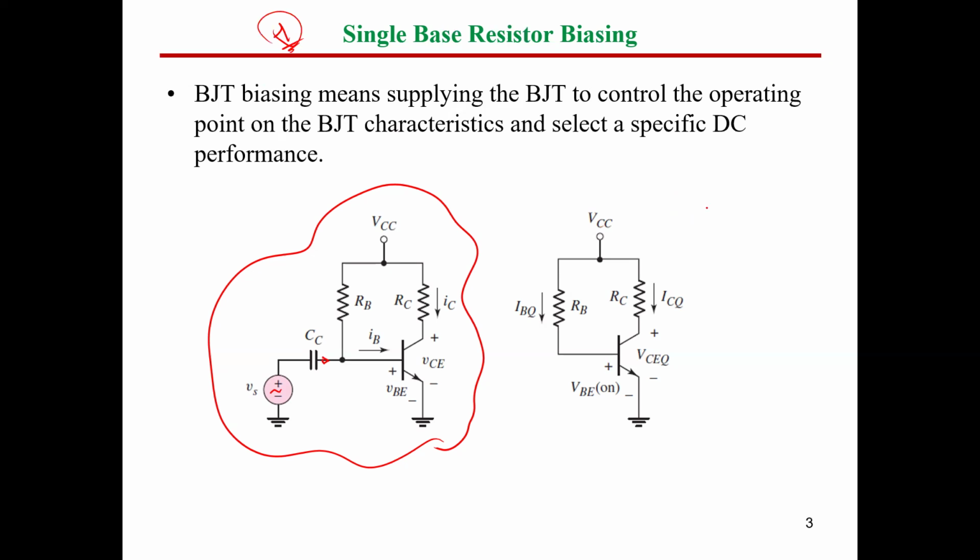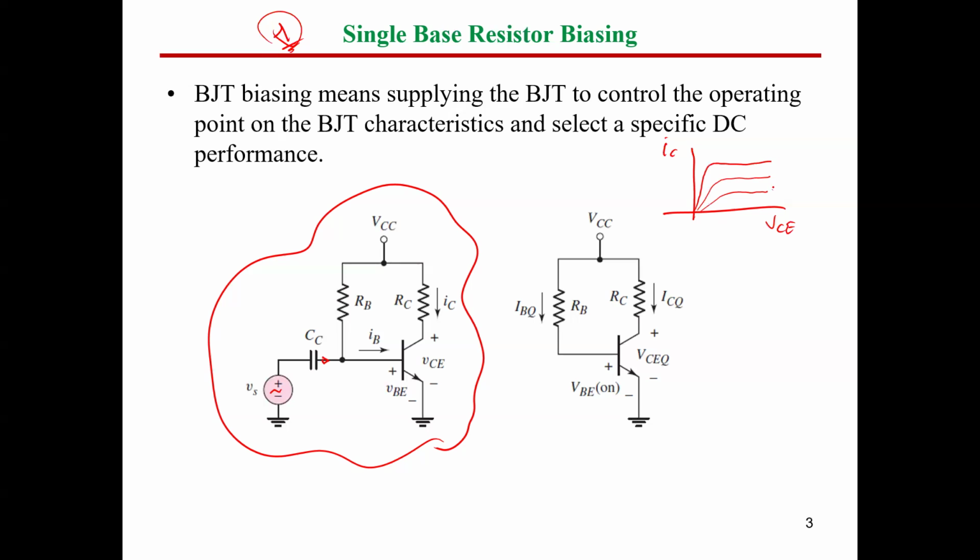What do you need from this technique? Actually, we need to achieve a certain quiescent point. Quiescent point means I need to have a certain operating point on my I collector and V collector to emitter characteristics. So if we have many curves like that, as you know, which operating point will be used according to the load line.